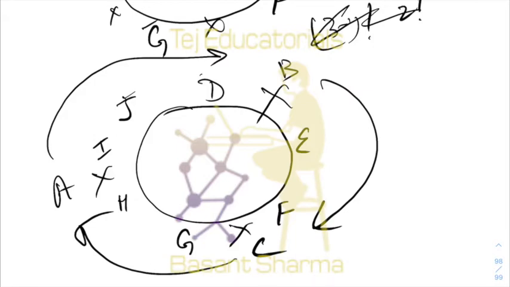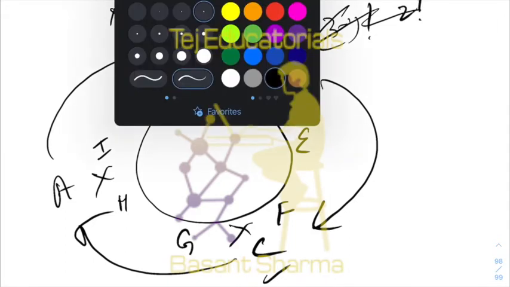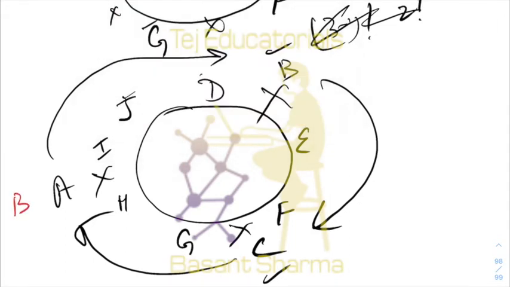It matters, the arrangement that we get after rotating A, B and C. They all are distinct, because one arrangement could be A is here, B is here, C is here. Another arrangement could be that B is here, A is here and C is here.